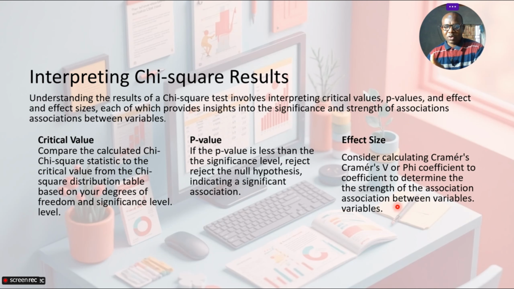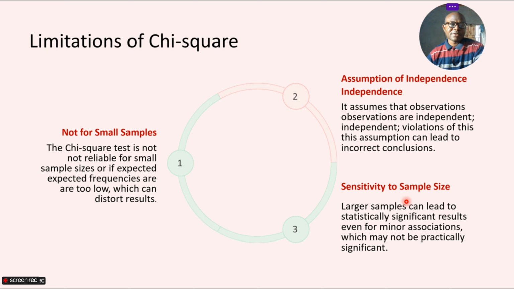And then we look at the effect size. The effect size speaks more about how practically significant our difference is beyond statistical significance. Now, what are the limitations of the chi-square test? Number one, it is not appropriate for small samples. Number two, for the test of independence, we must be careful of possible violation. The assumption that the two data sets are independent must not be violated.